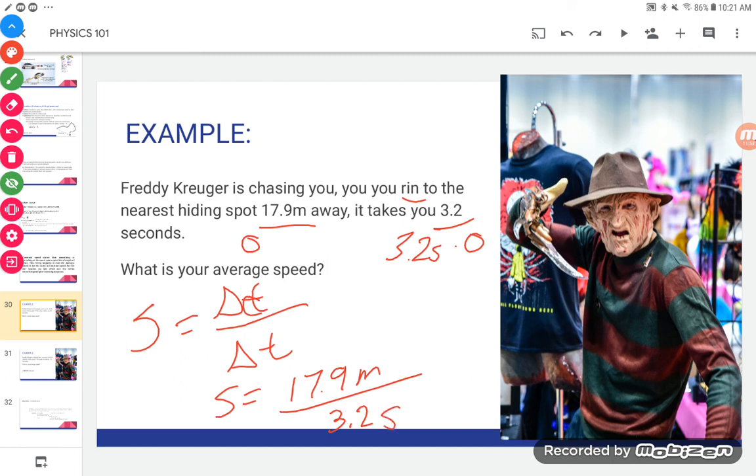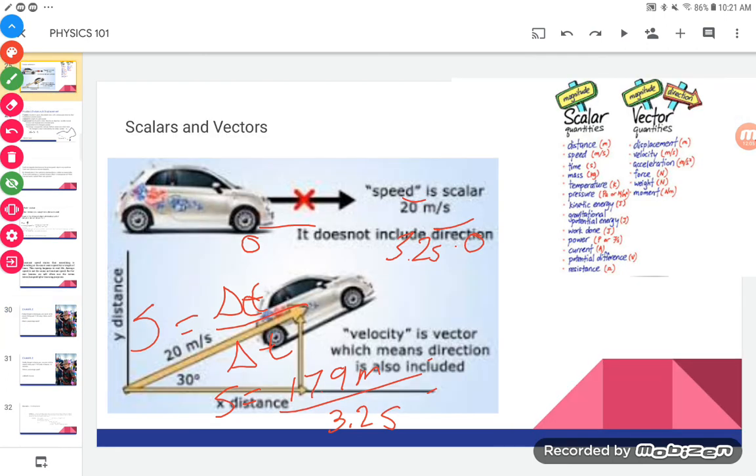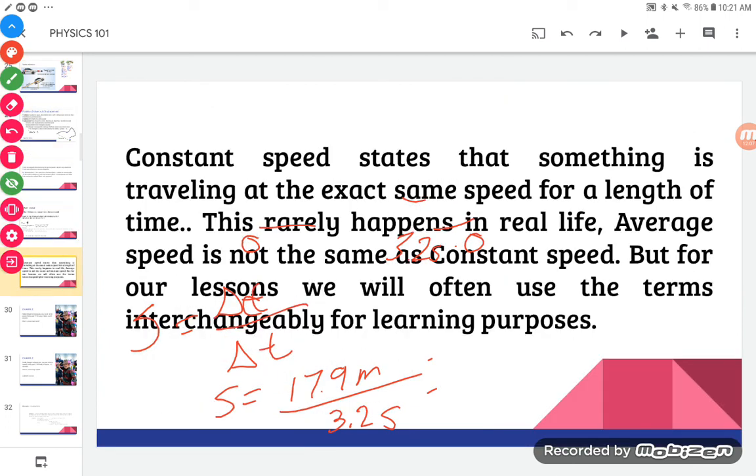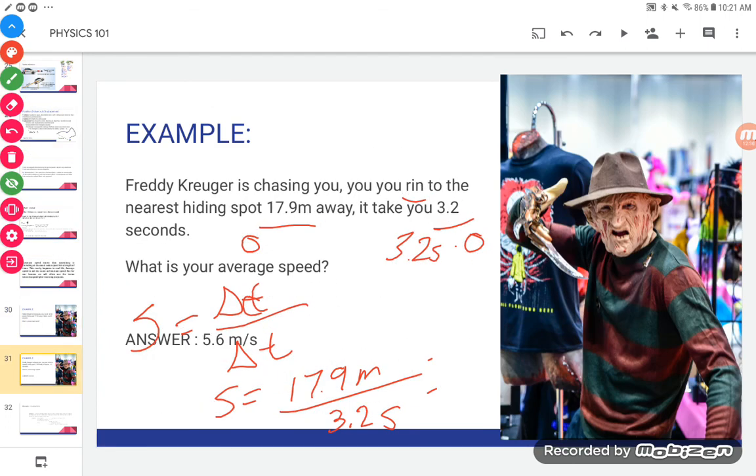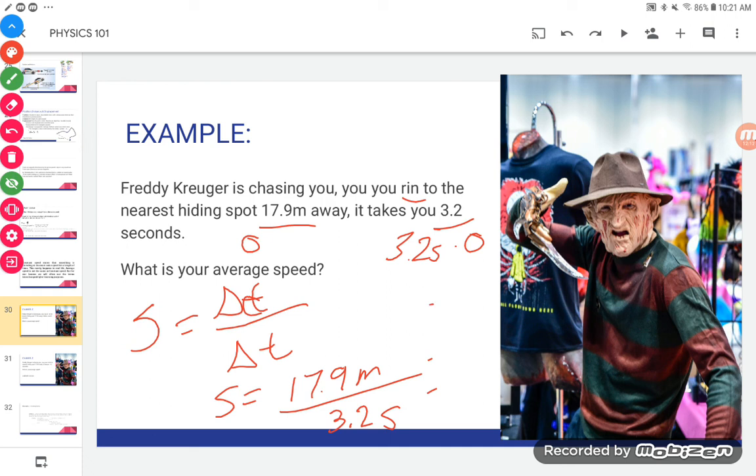And I do that division, and I get, I believe, 5.6, I've already done it, 5.6 meters per second, okay? And I can tell these are my units right here, meters per second.